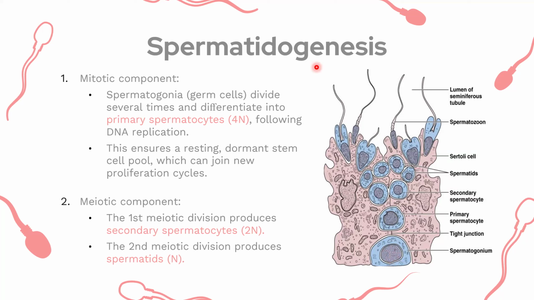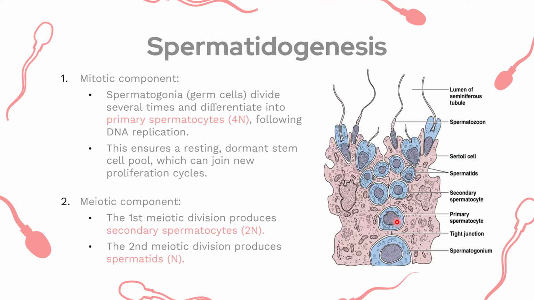So spermatidogenesis, that's my end product. I want a spermatid. I start off with my spermatogonium or my spermatogonia, okay? Because multiple of them are doing this process at the same time. It becomes a 4N cell following DNA replication to give me a primary spermatocyte.